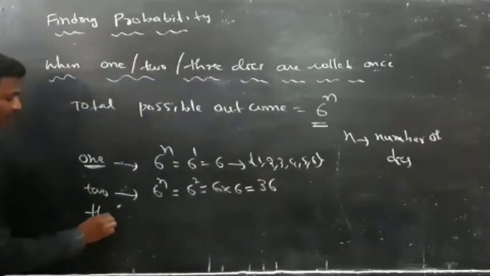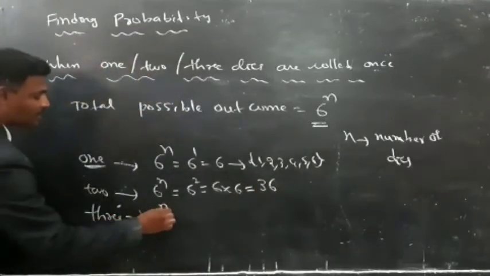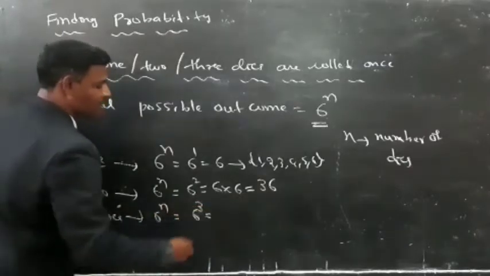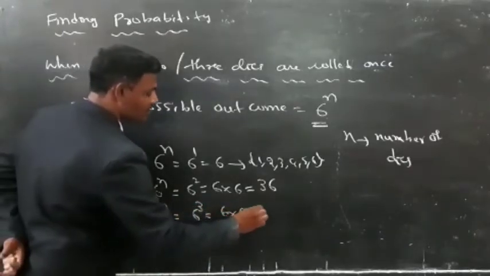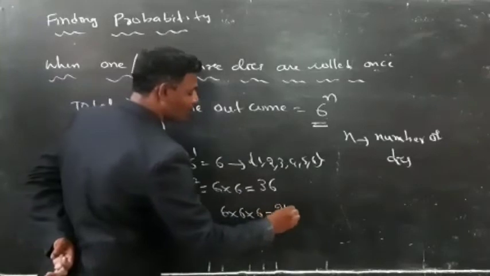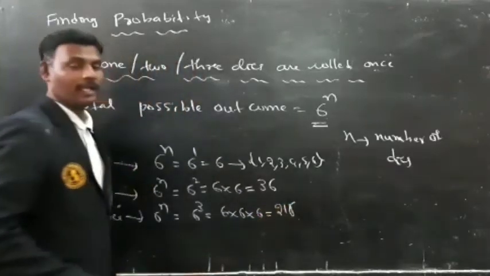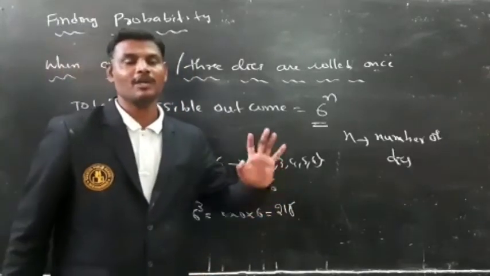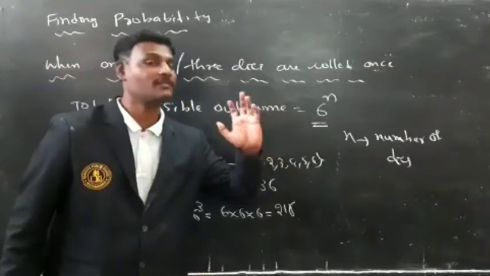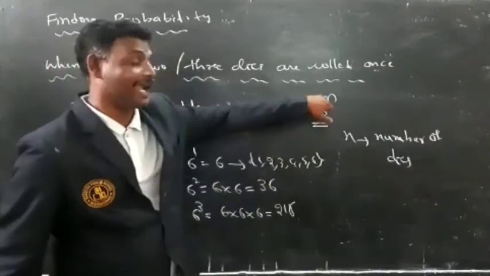When three dice are rolled, 6 power 3 is equal to 6 into 6 into 6 is equal to 216. So to find the total possible outcomes when dice are rolled, what is the formula? 6 power n. Here n indicates the number of dice.